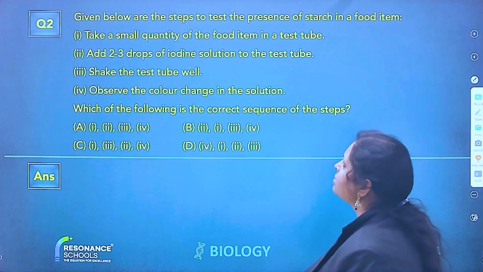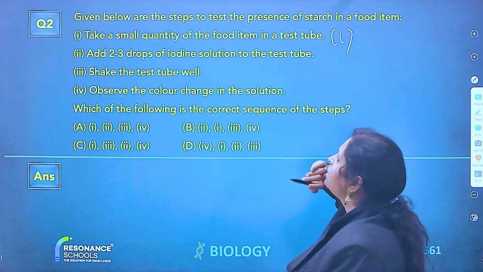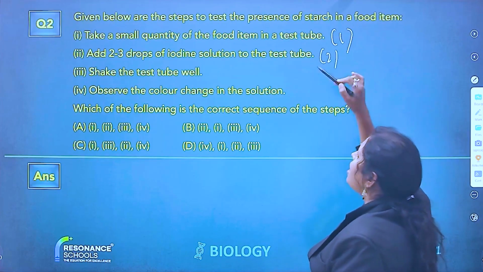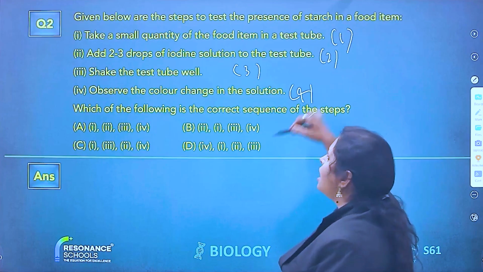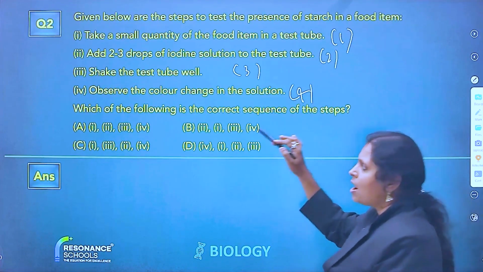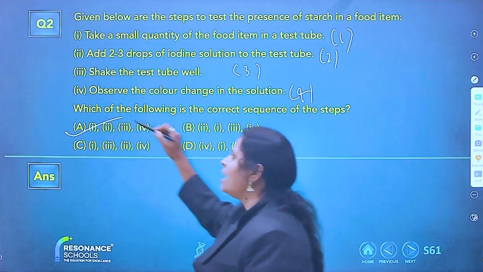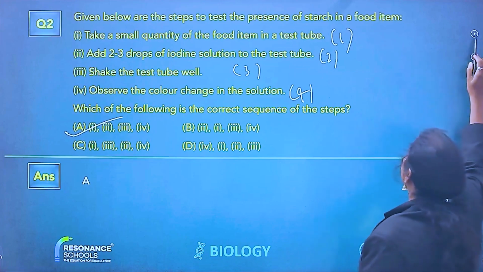First, take a small quantity of the food item. Second, add 2 to 3 drops. Third, shake the test tube well. Fourth, observe the color change. So the order is 1, 2, 3, 4. The answer will be A.